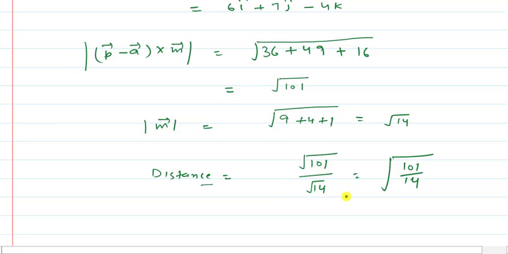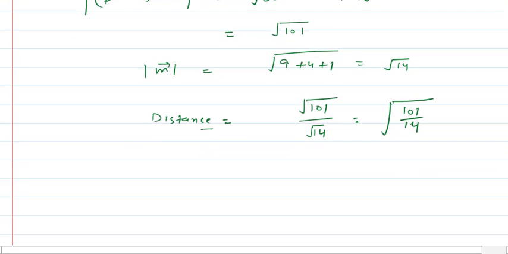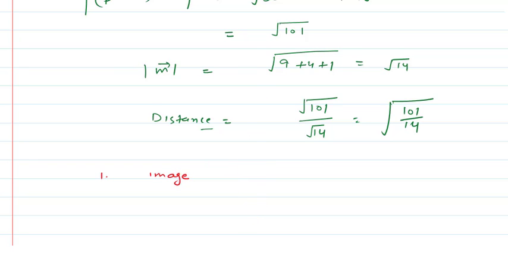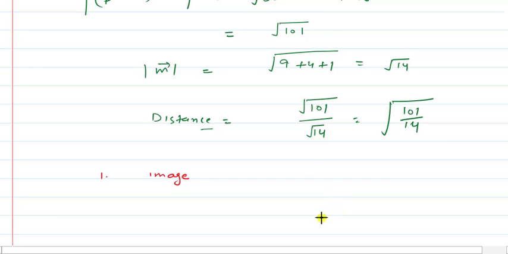But sometimes with the distance, we need to calculate three more things. Number one, image of point in the line. As for example, let me draw line over here. This is the line L and here is a point P given to us. So we need to calculate image of this point in this line.